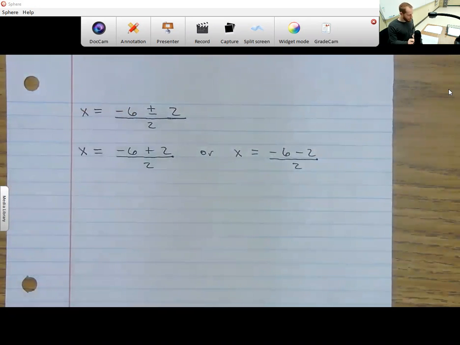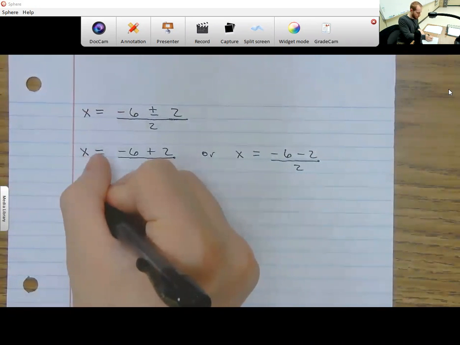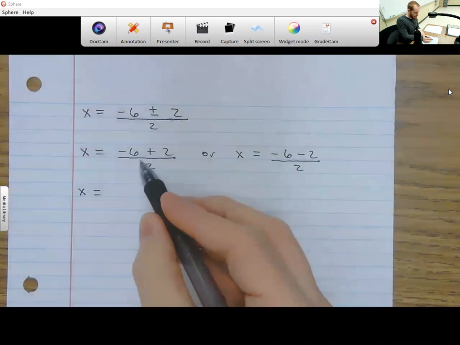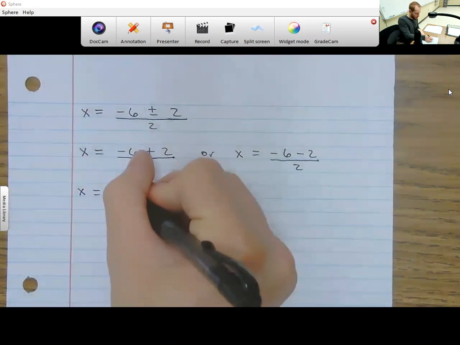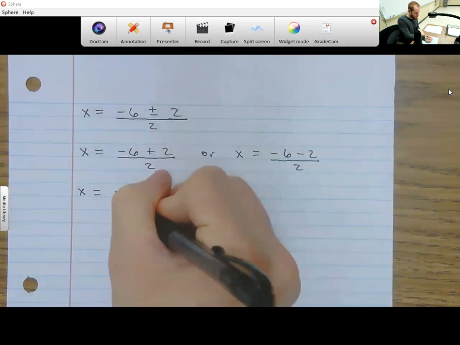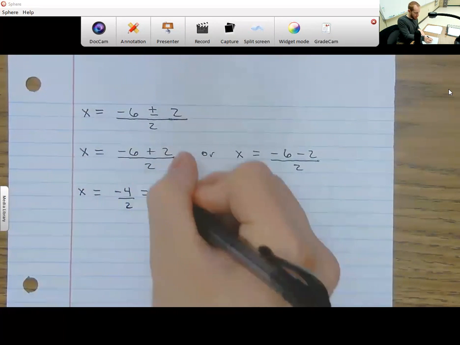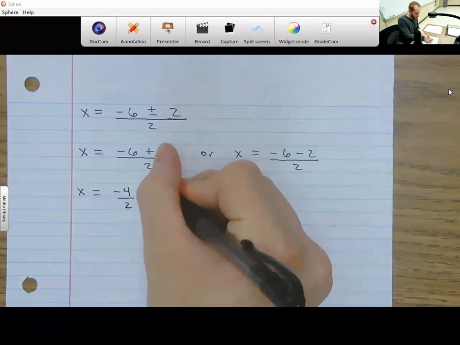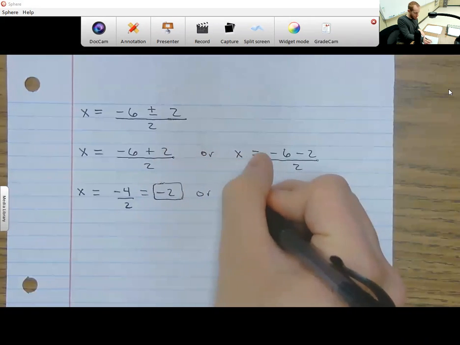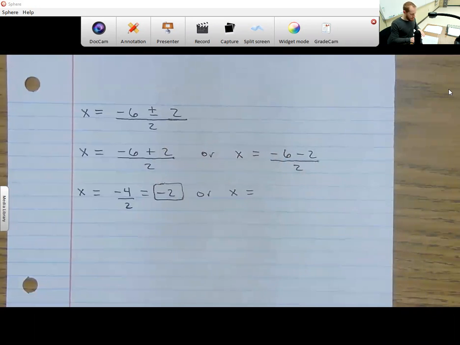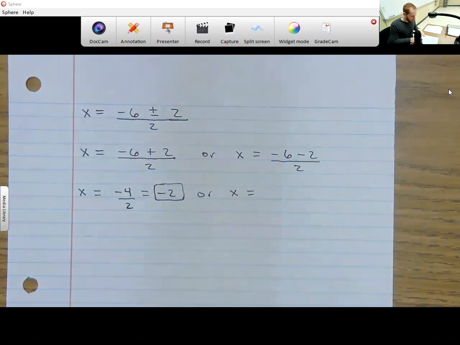Okay. So the first one is a plus. So what are we going to get from this? We're going to get -6 plus 2. That would be -4, right? We're still divided by 2. So that's going to give me -2. That's my first answer. Or I could have -6 minus 2, which would be -8, right?